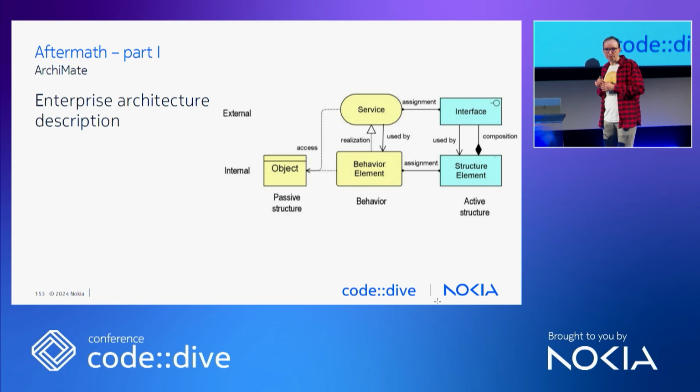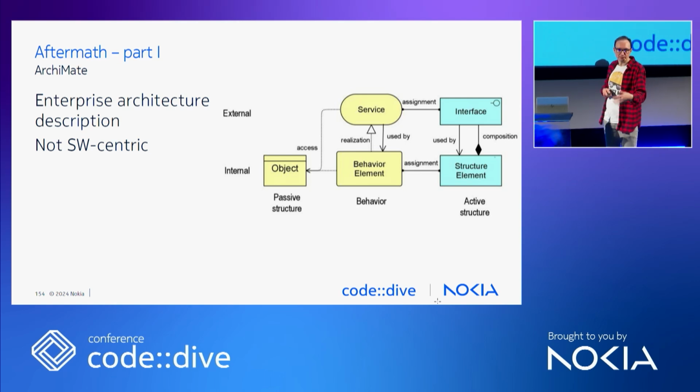This is actually quite clever because they want to describe in this language not only software, but also the business processes, and you can show both the active and passive parts on the same diagram. This is not really software-centric, but rather business-centric. Of course, you can do all the software in Archimate, but you can't do design, because on the lowest level there is an object, but there is no concept of class.